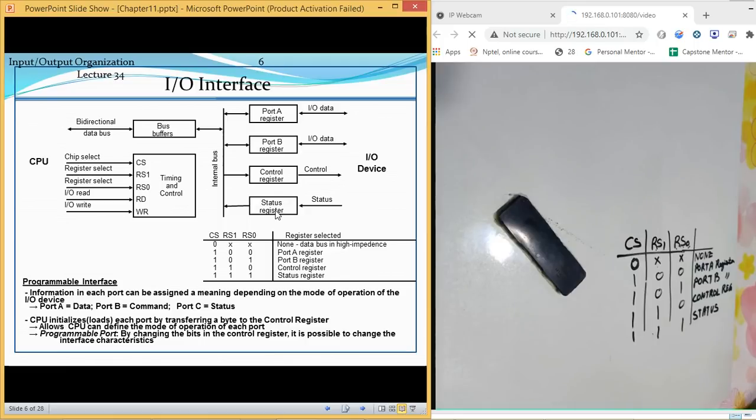Once your control register receives the instruction, it will act accordingly. So the functionality of this entire interface can be changed by your CPU by sending an appropriate command to the control register. According to that command, it will start functioning.